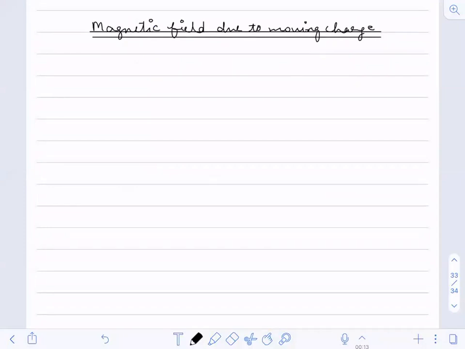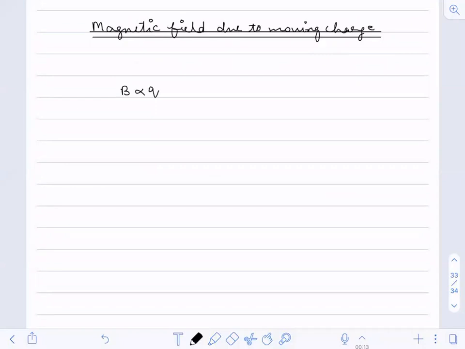So magnetic field B, I had already told you that the magnetic field was denoted by B vector. We'll write with the magnitude only first. This B vector is directly proportional to the charge of the particle. How much charge it is having, it depends upon that.